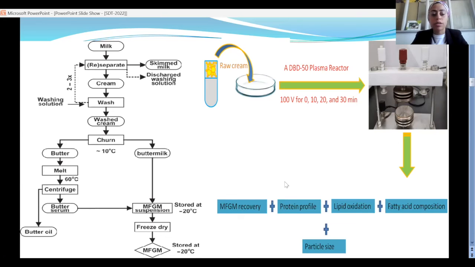Dielectric barrier discharge was used in the cold plasma generation mode, and the cold plasma formed between 2 quartz-covered parallel electrodes. During this process, the cream samples were placed on the lower quartz layer and subjected to cold plasma at 100 intensity. The treatment was performed at 100 volt and 1.5 ampere for 10, 20, 30, and 40 minutes.